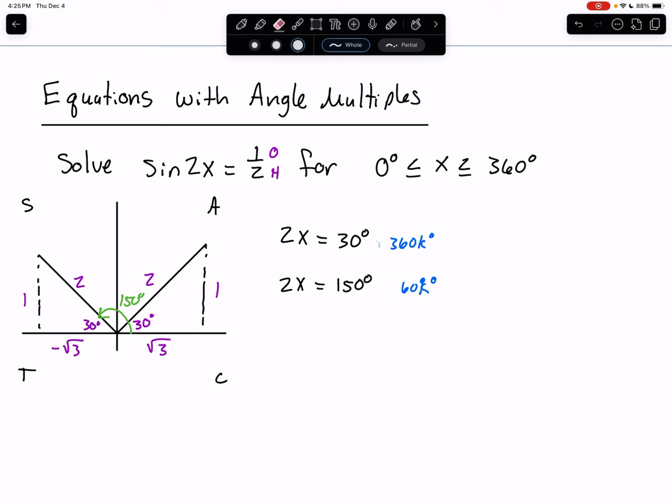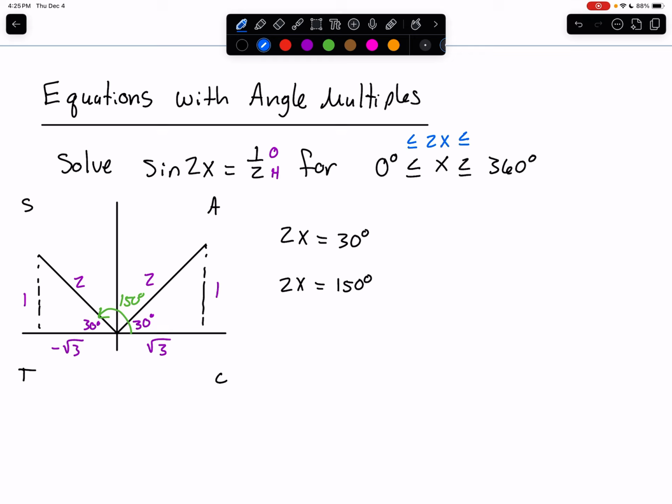I personally prefer, I think it's a little bit easier, to change my interval in the very beginning. So if I want x by itself to go between 0 and 360, I want to figure out what I want 2x to be going in between.